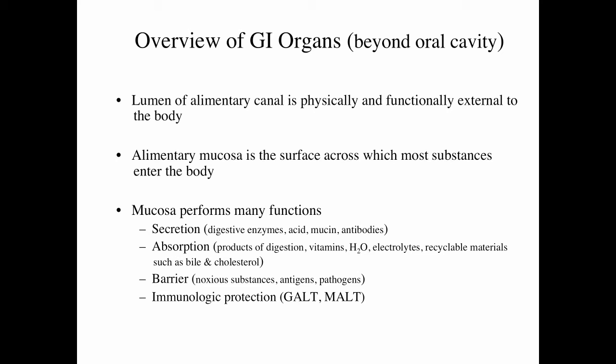The mucosa of the GI tract serves as a barrier against noxious substances, foreign antigens, and pathogens, and the mucosa in the GI tract performs a lot of immunologic functions. We've talked in other podcasts about gut-associated lymphatic tissue and mucosal-associated lymphatic tissue of the GI tract.